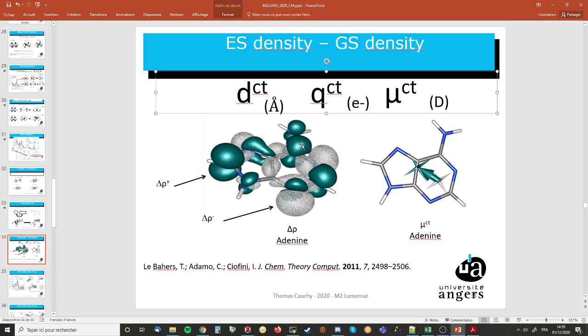So chemically, in just one picture, you can understand the electronic transition process, and you can say, okay, this part of the molecule lost density and this part gained, and you can even say if it's a pi star.